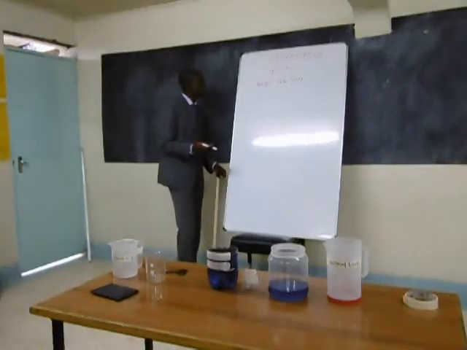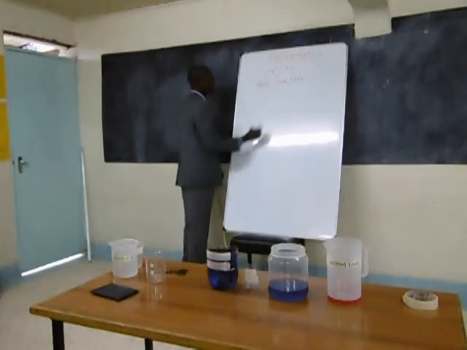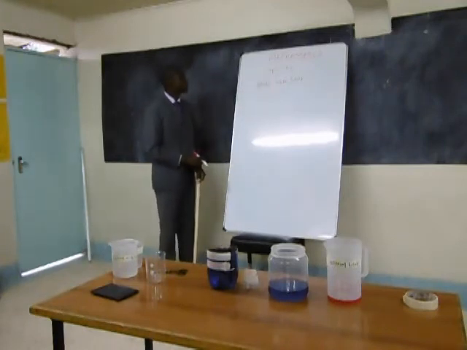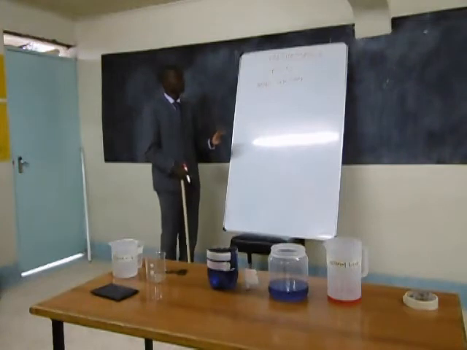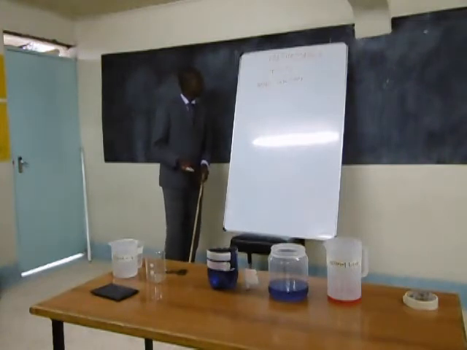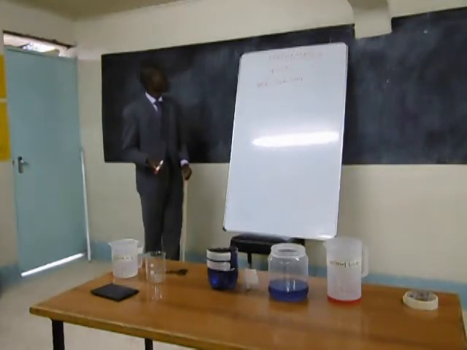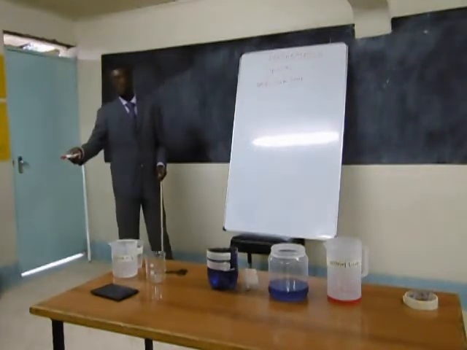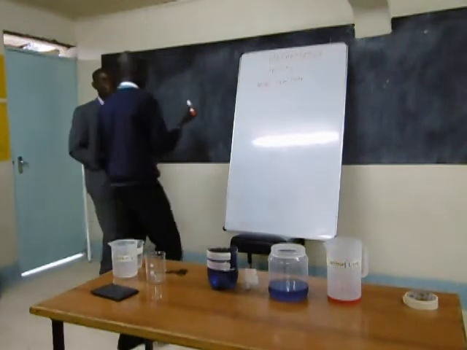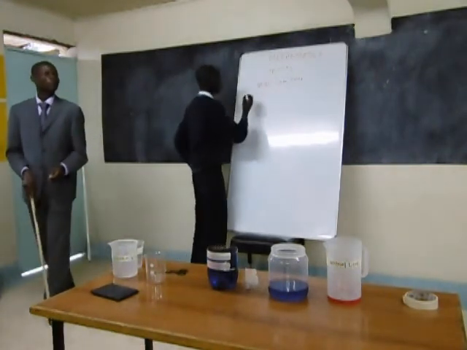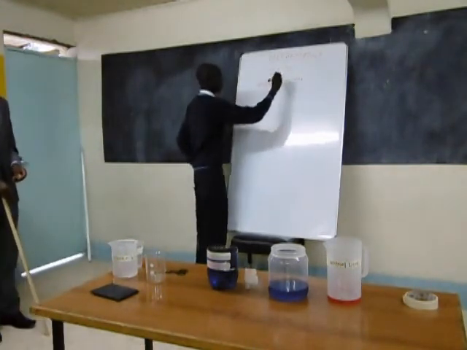And remember what I said, that for you to be able to convert this into liters, you must start by writing the formula that relates the 2 units. So let's have one boy to help us convert 40 deciliters into liters.